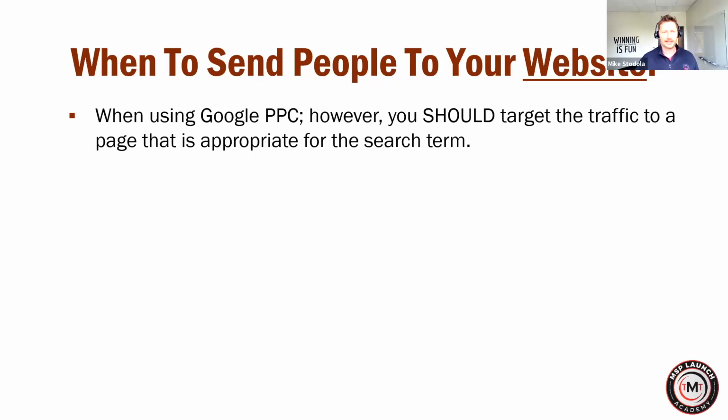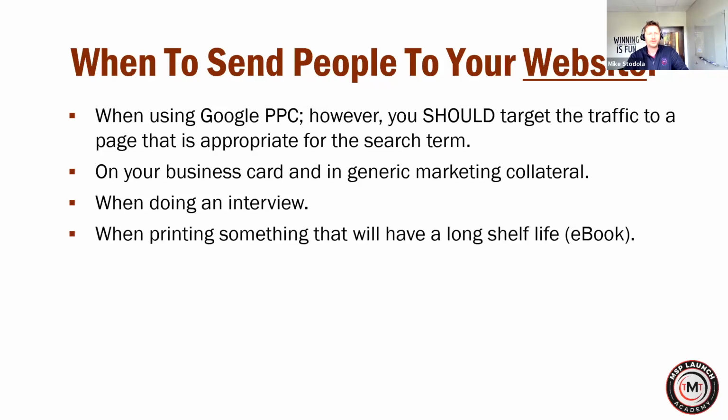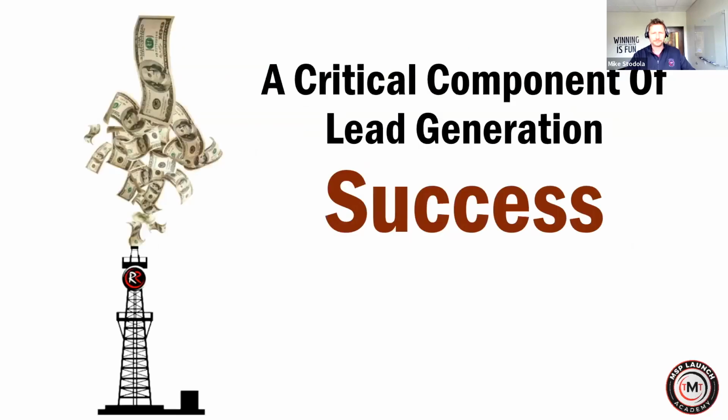That's advanced. I'm not going to get into that. But you can use some general, on a business card or generic marketing collateral, just taking them to your website. Things like doing an interview or a piece that's going to last a long time where it's not time bound with promotion, like this one, printing something that will have a long shelf life.